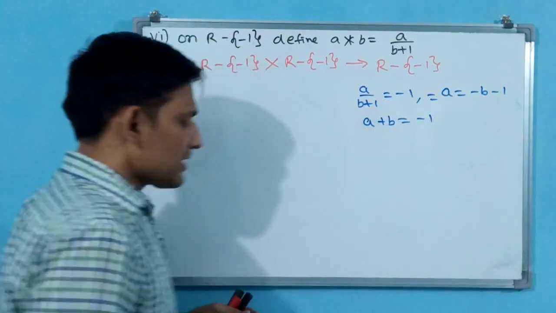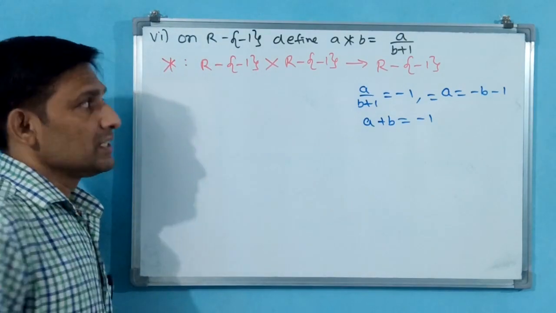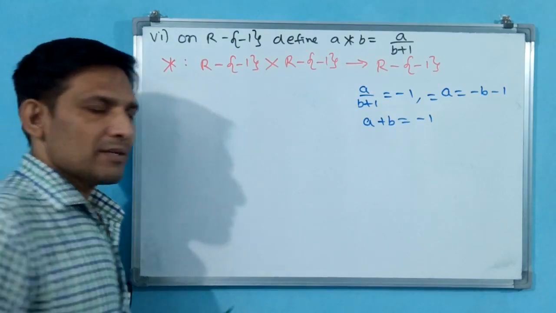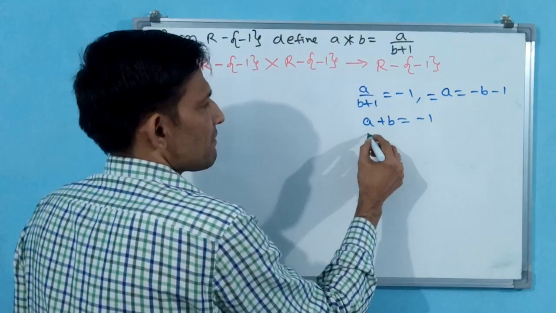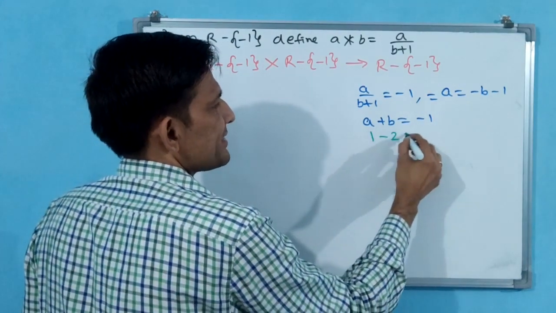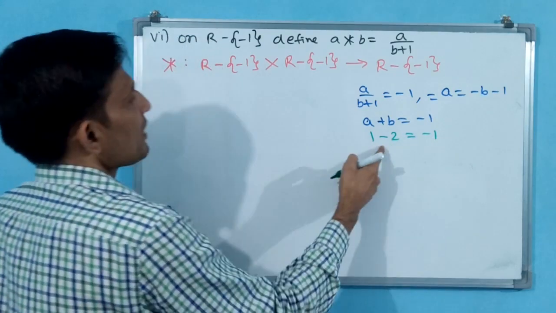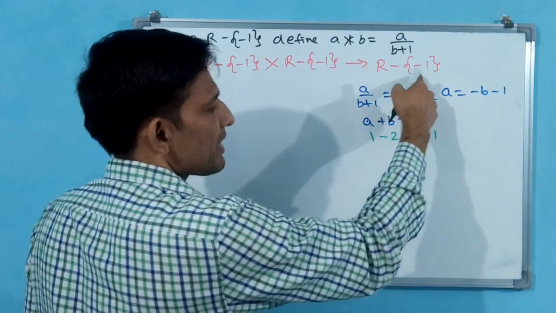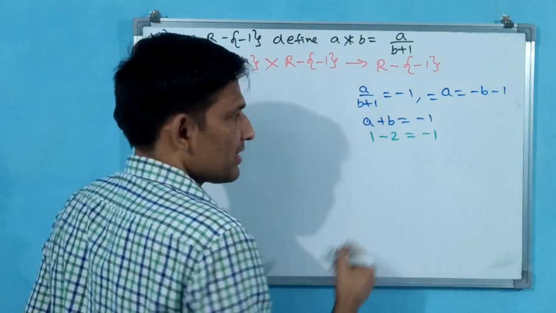If A plus B becomes minus 1, then this function is going to become a non-binary operation. What are the possibilities? First I take 1 and minus 2, that is equal to minus 1. If you take this, automatically minus 1 will come. Then this is not a binary operation.